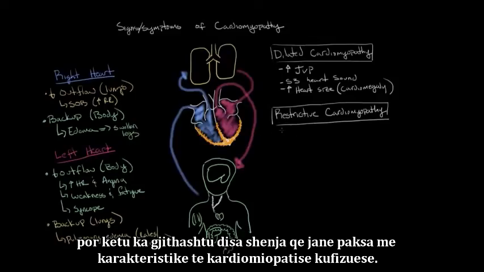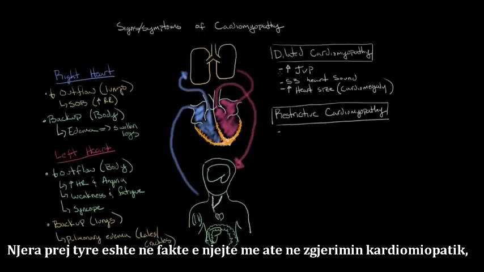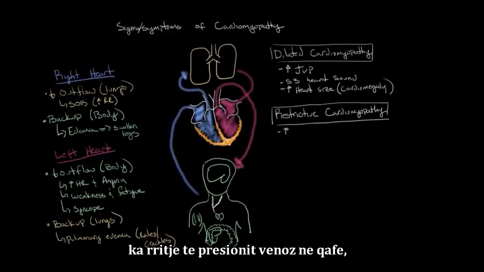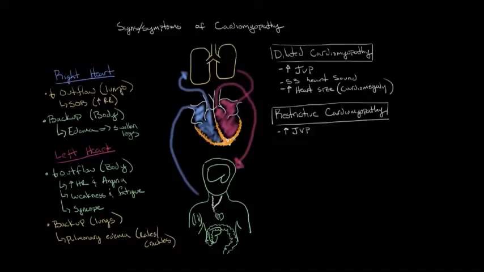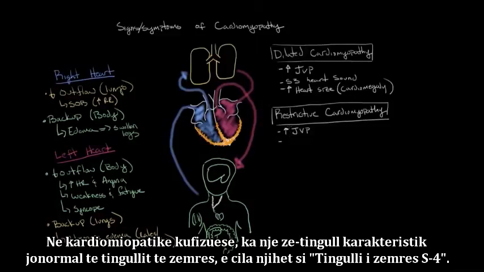But there's also a few other signs and symptoms that are a little more characteristic of restrictive cardiomyopathy. And one of these is actually the same as up here in dilated cardiomyopathy, this increased jugular venous pressure, which I'll abbreviate JVP. In restrictive cardiomyopathy, there's another abnormal characteristic heart sound, but this one is called the S4 heart sound.